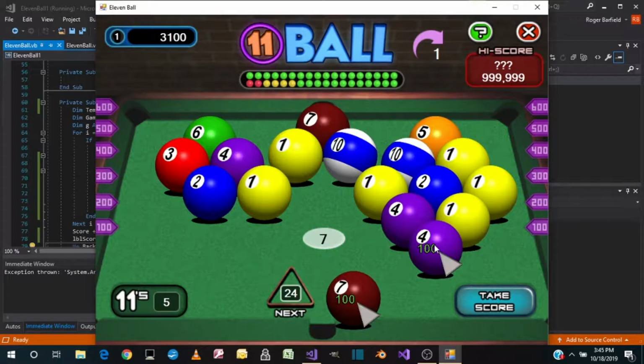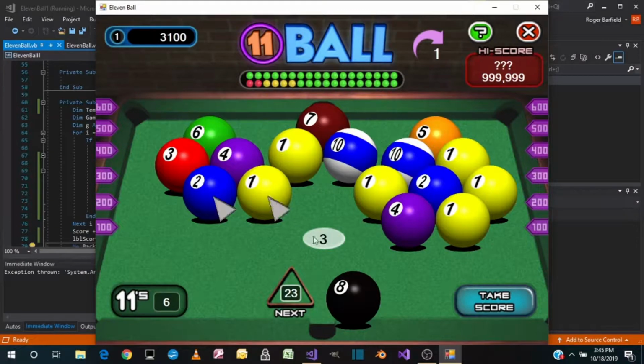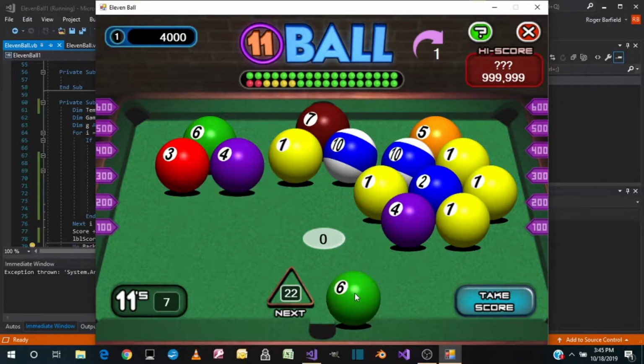More 200 total. Okay, this would be 600 and should be 900 more, so that'd be 4,000. Okay, so our points are working as far as the plus side.